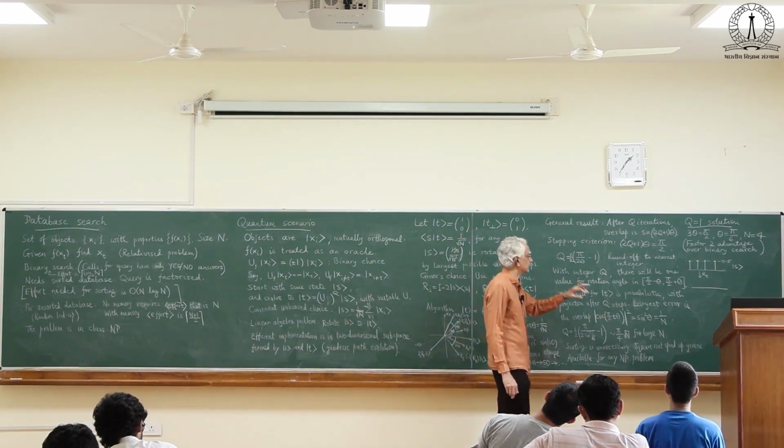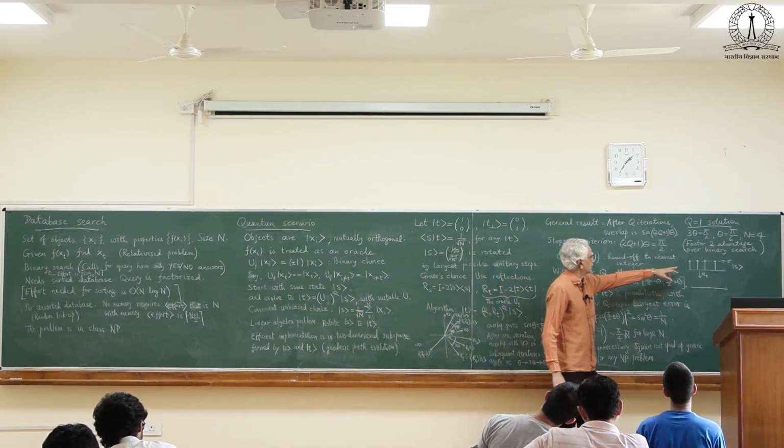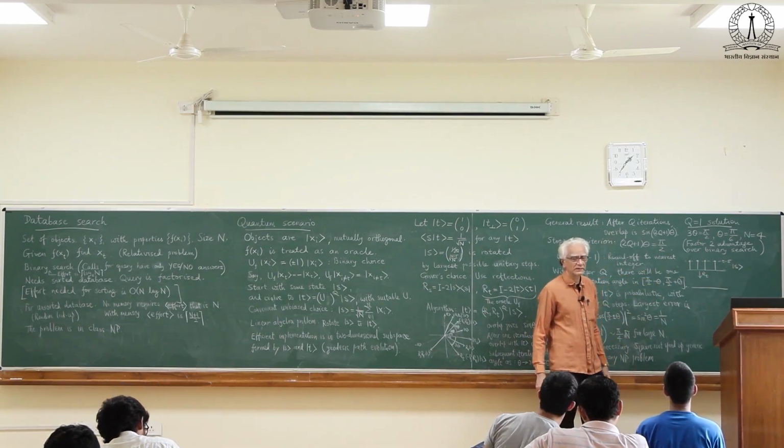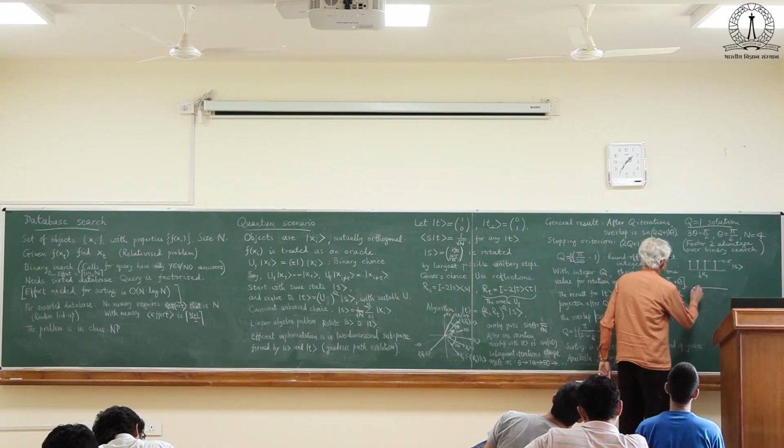So for simplicity, I will assume that the first one is t and the other 3 are in the orthogonal space.